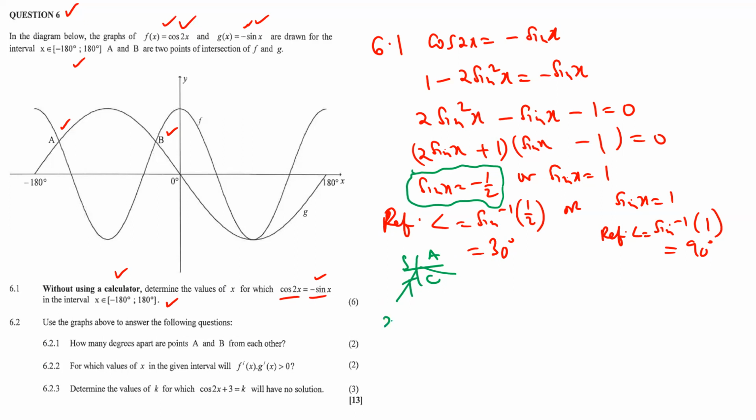So x is 180 degrees plus 30 degrees plus the period of sine, 360 degrees times k, where k is an element of the set of integers. 210 degrees, 360 degrees. Okay, 210.